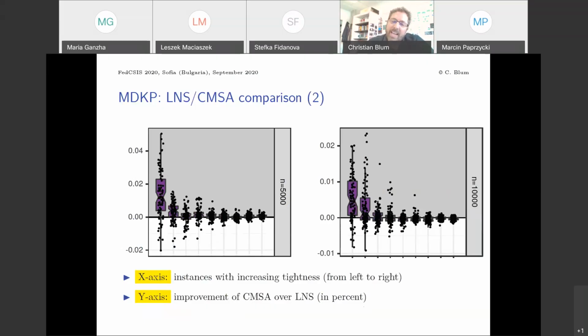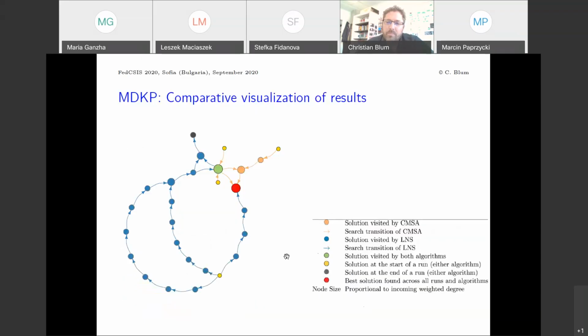In this destruction-based LNS, you are tied to maintaining part of the solution when you move to the next solution, because you just partially destruct the solution at each iteration. This doesn't allow you to do jumps as large as in CMSA.